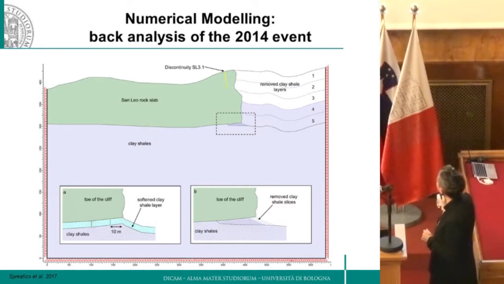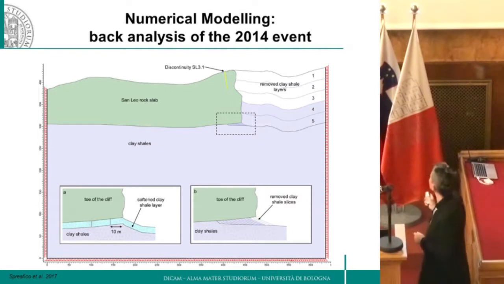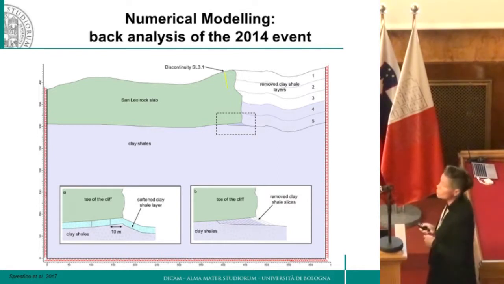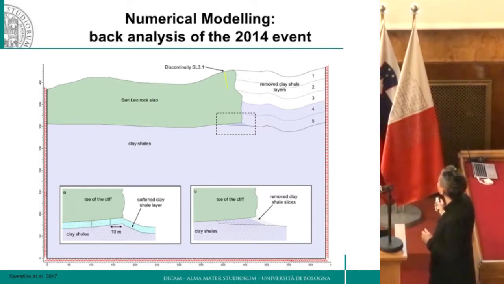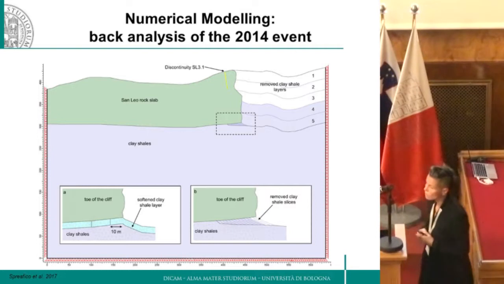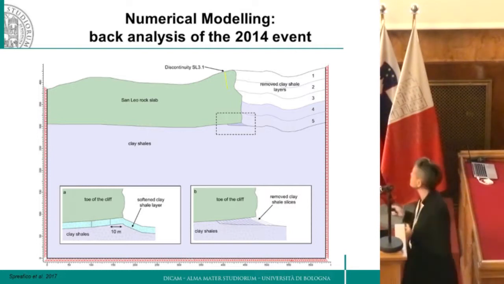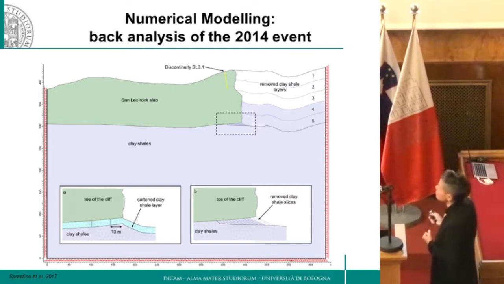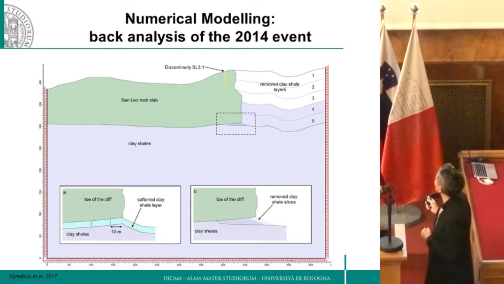You see the slab; consider that this is a continuum code. So we introduced the discontinuity deterministically, whereas we assigned to the rock slab a set of parameters that we obtained from back analysis, and we used the parameters from the lab to characterize the clay shales.